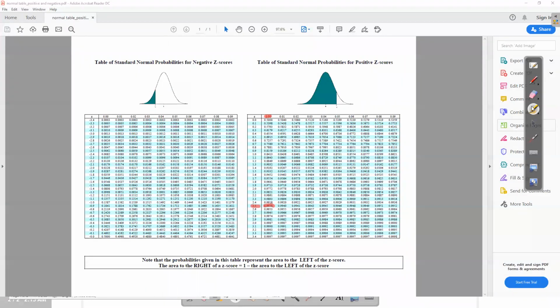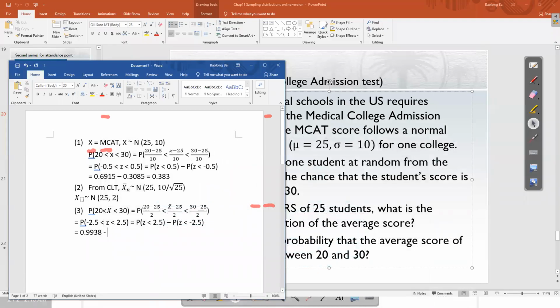The corresponding probability is 0.0062. And then we do the math, right? So 0.9876. And then the problem is solved, right?